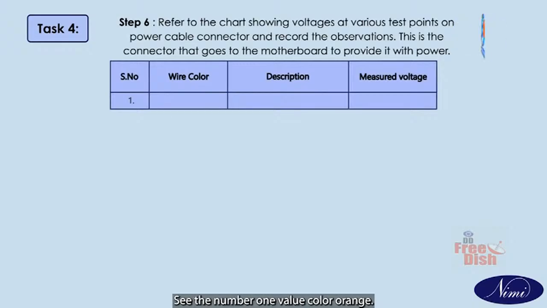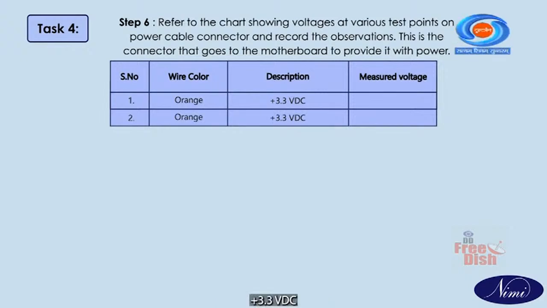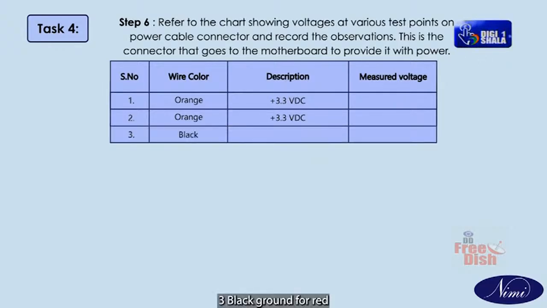Serial number 1. Wire color, orange. Description, plus 3.3 VDC. Measured voltage. Number 2. Orange, plus 3.3 VDC. 3. Black. Ground. 4.